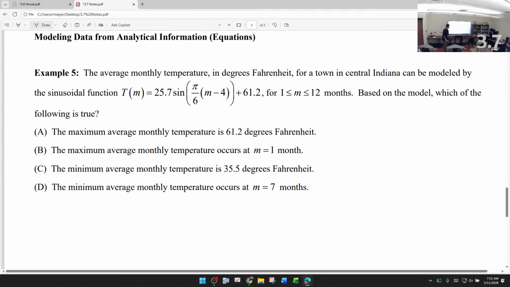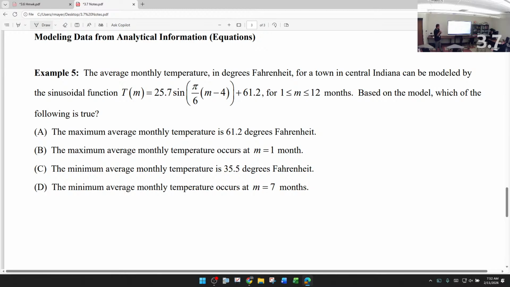Based on the model, which of the following is true? I hate these questions. Which is true? They do this a lot in stats, except in stats they do which one's false, which is really bad because a lot of times the first one's true and we've written that's the one we circle. We think we're looking for the true one.